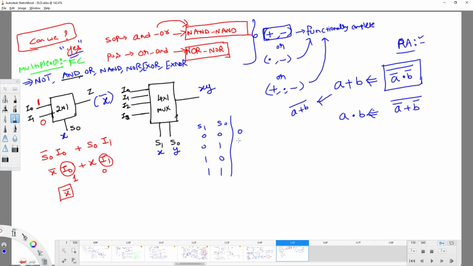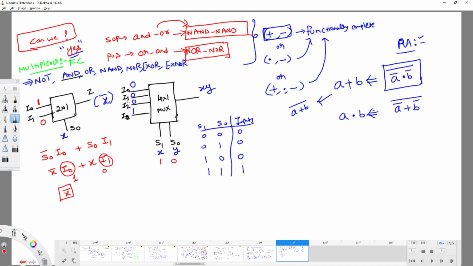The inputs are 0, 0, 0 and 1, that is, three zeros followed by 1. If I pass 1, 0 on the select lines, which input line is selected?